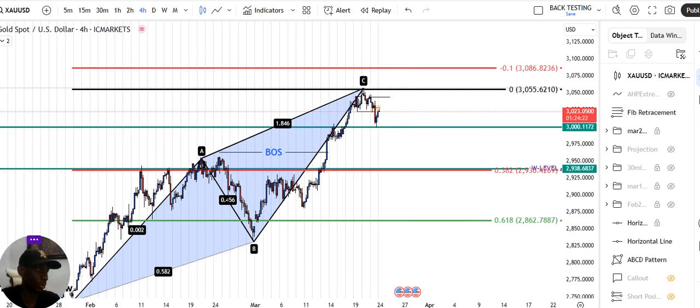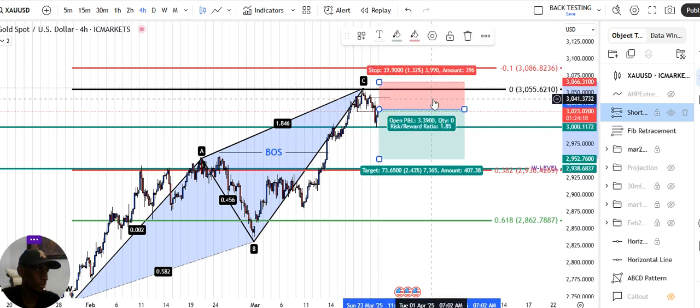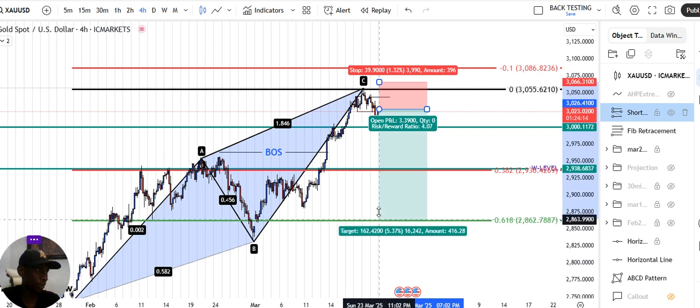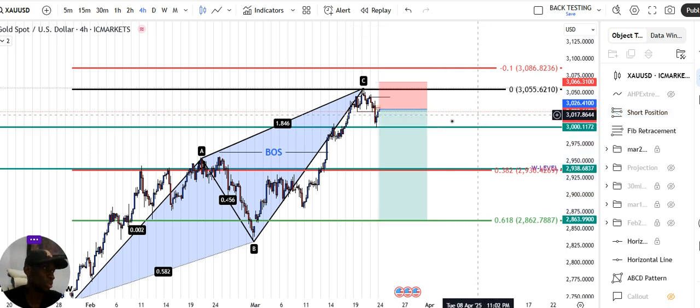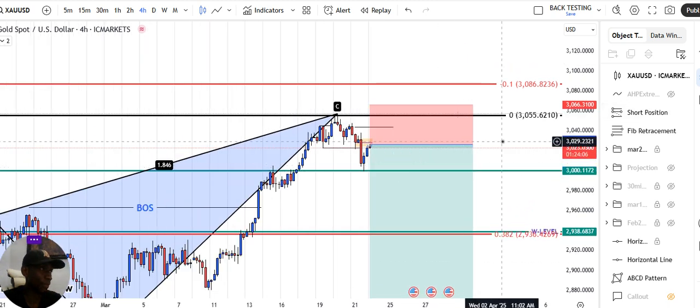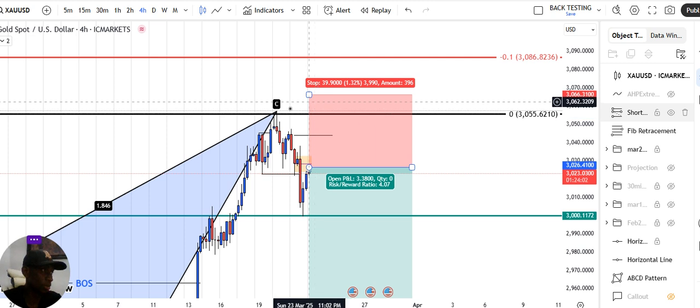This is what we're looking at right here. Stop loss around this level, somewhere here, and the final target is here. So we're looking at 1:4:1, which is wonderful, very wonderful on this one.